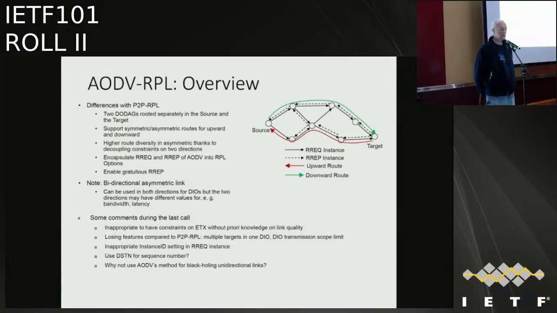I think it's wonderful. I think it's very important because there is such a thing as unidirectional links, and Ripple could never cover those. So this is the first draft that can actually do something for Ripple for unidirectional links. And yes, it's not hard to do because you're doing this in both directions. You should support it and express how it works, because it's much more important than asymmetrical, in my view.